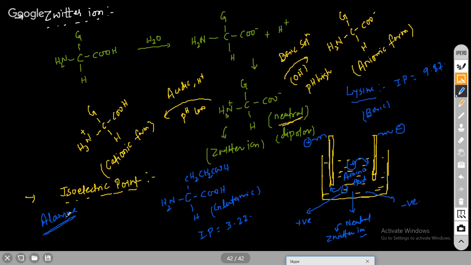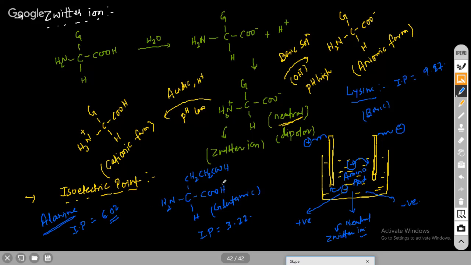Okay. So when we have alanine, we have one NH2 and one COOH group. So it should actually be what? Neutral. So its isoelectric point should be what? 7. But the isoelectric point for alanine is found to be slightly acidic, 6.02.